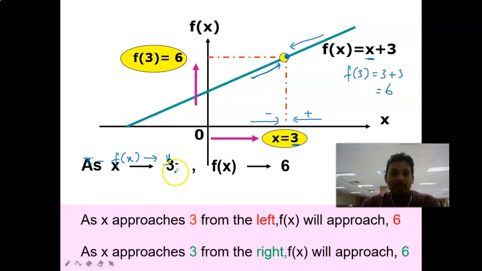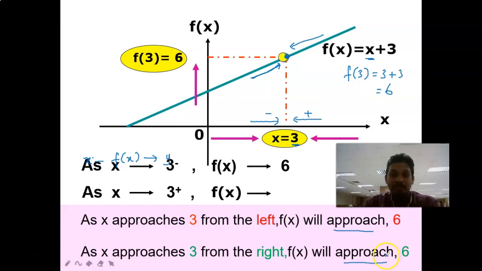And also as x approaches 3 from the right, f(x) will approach it. It's not exactly 6, but approaching 6. Okay, getting closer to 6. Then f(x) approaches 6.